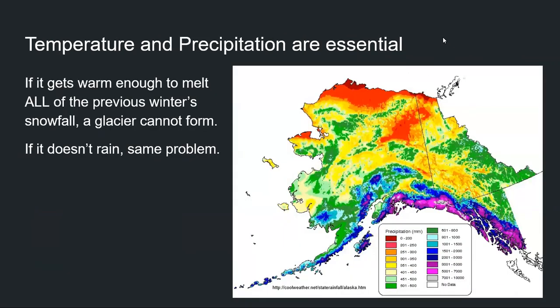The second important factor is precipitation. If you look at a map of Alaska, most of the glaciers and the biggest glaciers are located in the south and southeast. That's because in the south, you have the Pacific Ocean dumping a whole lot of water on those mountains. The air is super humid, and you have these mountains that are literally blocking the humidity.